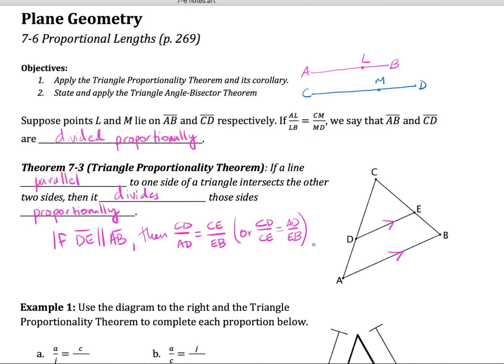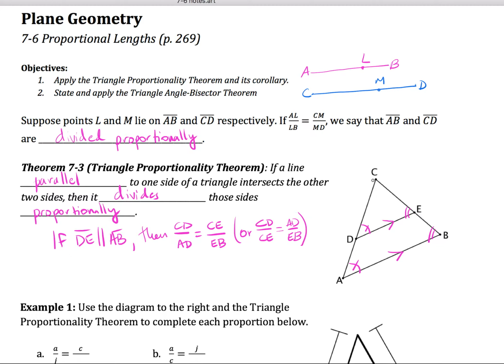And where this is coming from is, in a way, the idea of triangle similarity, and once we know triangles are similar, we would know that the sides are proportional. Because if these two lines are parallel, then it would create some corresponding angles here and here, as well as here and here, that are congruent, giving us angle-angle similarity for triangle CDE and triangle CAB.